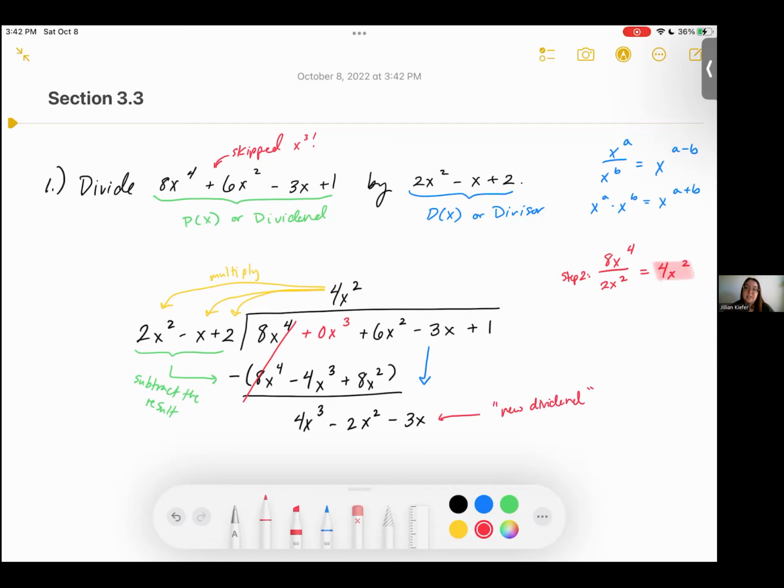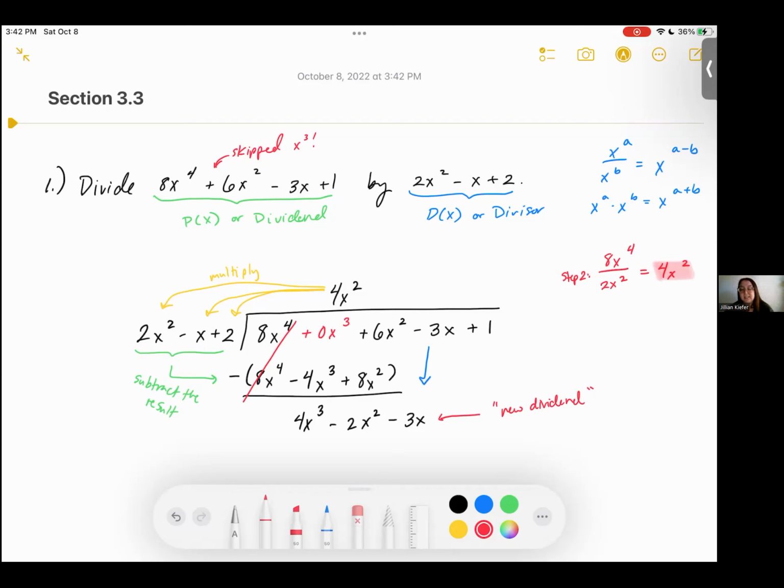Since this is the new dividend, this means we are at step 4. We want to check, is the degree of the new dividend less than the degree of the divisor? The degree of the divisor is 2, since we have x to the power of 2. And the new dividend has degree of 3, because it has x to the power of 3.